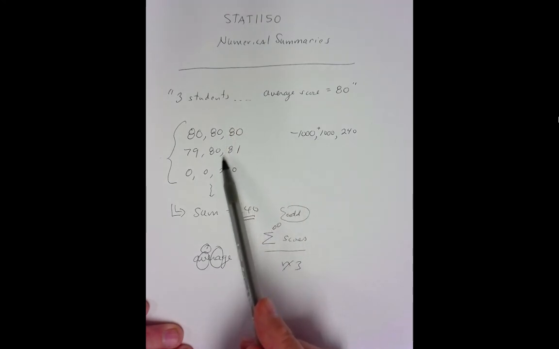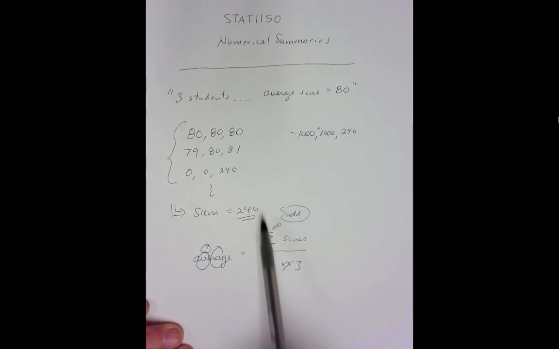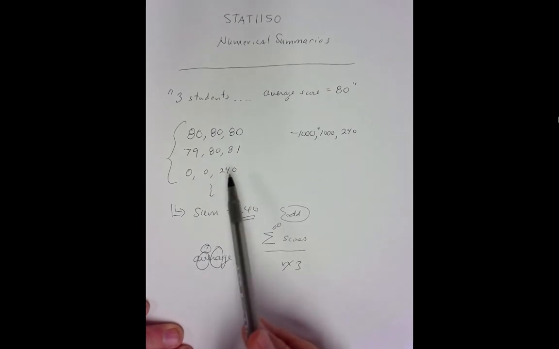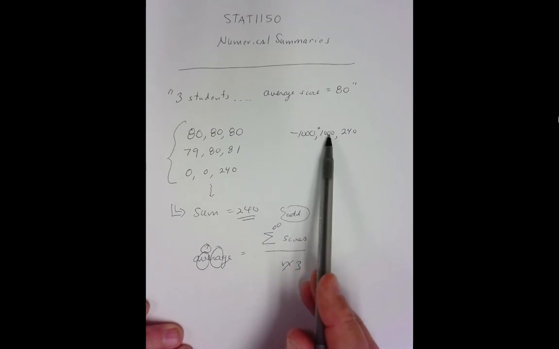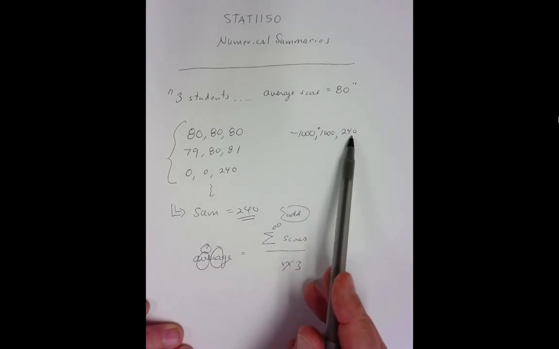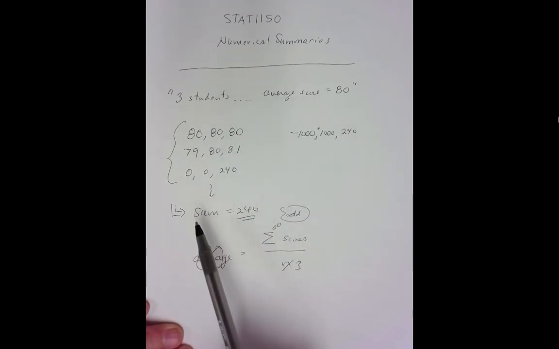Because these data sets that I've given you are completely different, even though the averages are 80. All of these scores, these 3 numbers, those 3 numbers, those, and those, add up to 240. Negative 1,000 plus 1,000 is 0. 0 plus 240 is 240. 240 divided by 3 gives you the average of 80.